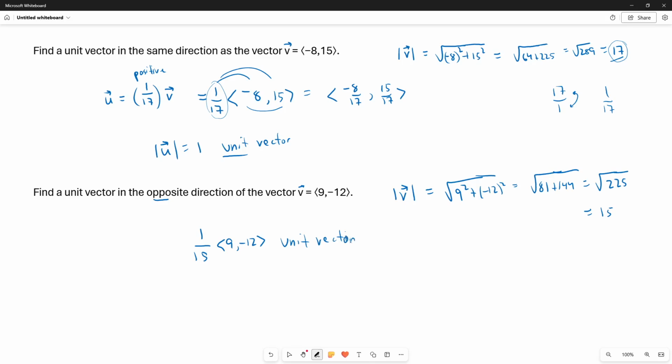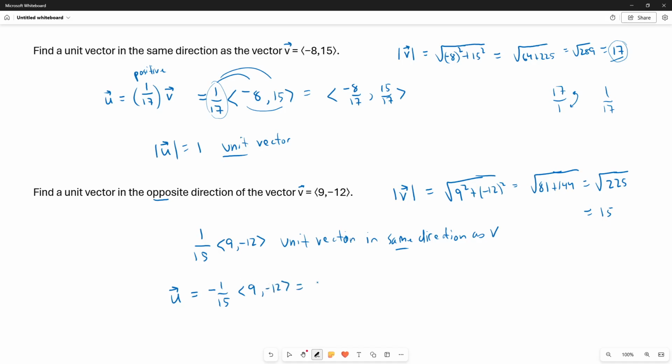A unit vector in the same direction as the original vector. So we want the opposite direction. So our unit vector, which I'll call u, is going to be -1 over 15 times the original vector.